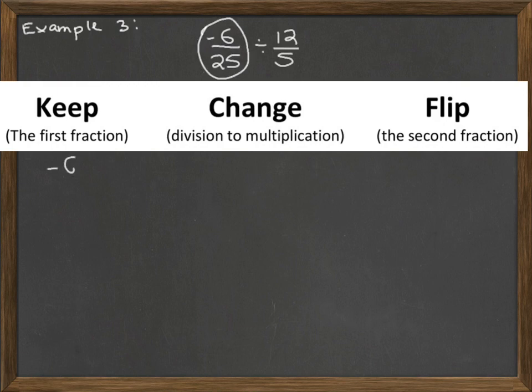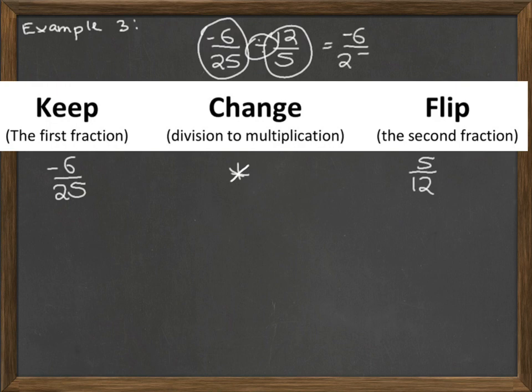All right, so we have -6/25. We're keeping him. We're changing the division to multiplication, and we can only do that because we're about to flip that second fraction. So 12/5 is going to be 5/12. So this is equivalent to -6/25 times 5/12. Okay, so unlike our previous examples, this time we actually do have the opportunity to reduce some numbers before we multiply across.